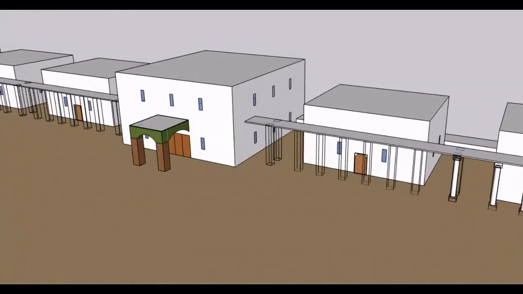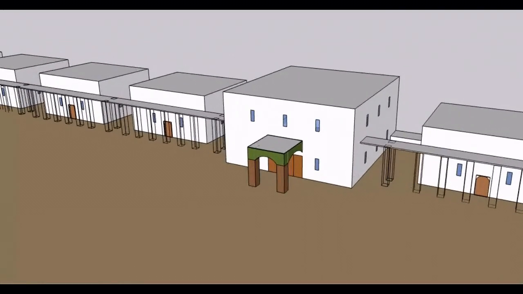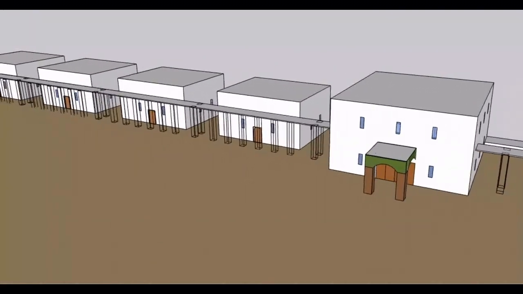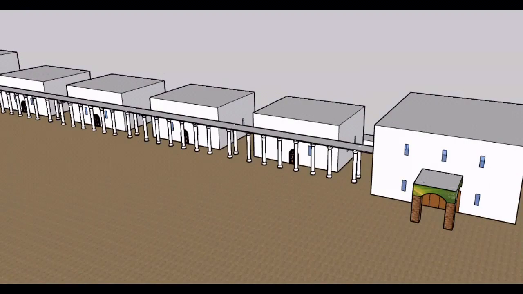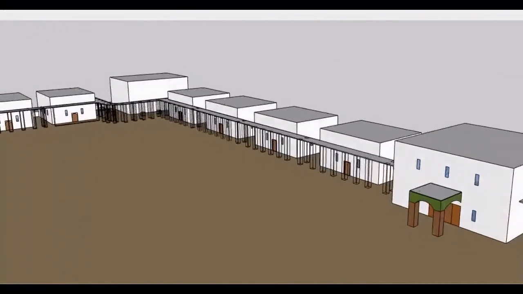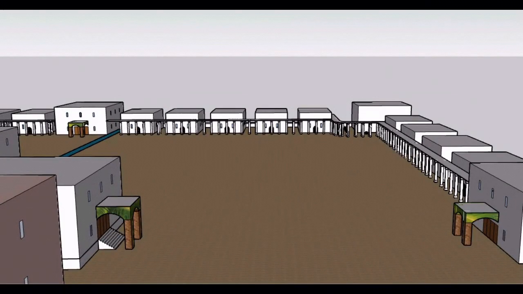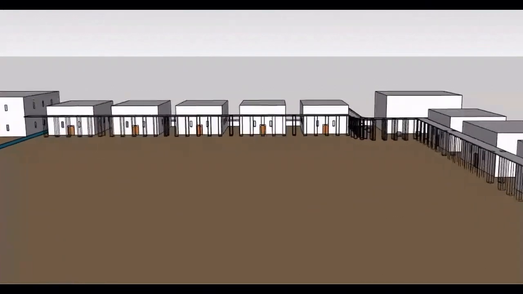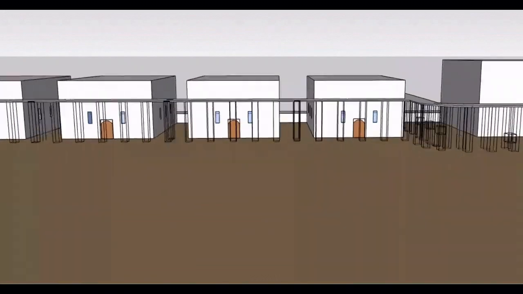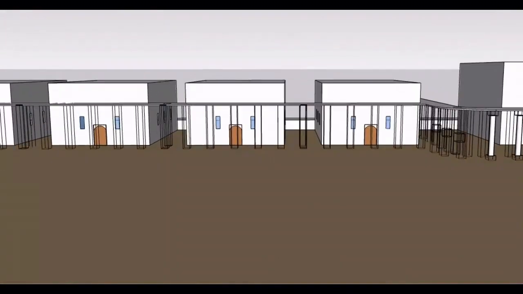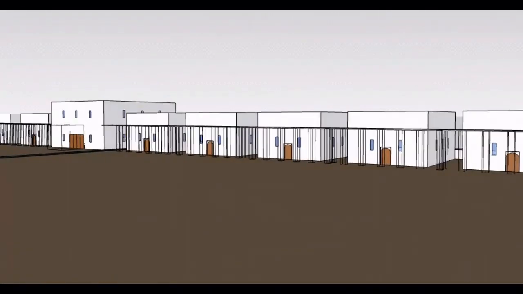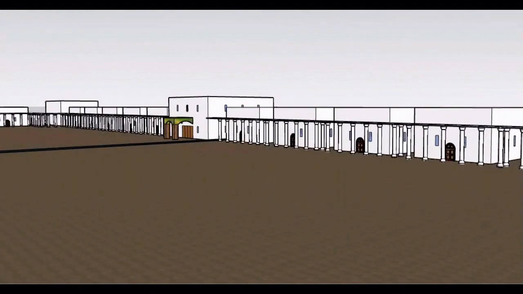So here you can see all the rows of pillars and porches. That is the gate to the south. And then we begin to turn and face towards the east. So that is the east, and we are looking at the peristyle. Remember how we saw this was a sundial, but in this one, we're looking at it as a peristyle.